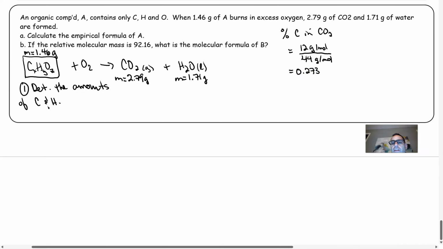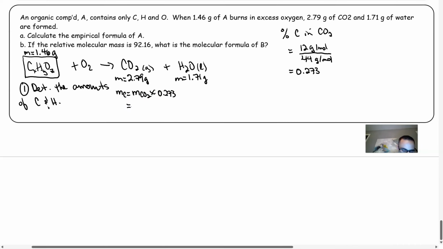All right, so now this is useful because now I can determine the mass of carbon. The mass of carbon is going to be equal to the mass of CO2 times 0.273, because that's the fraction of carbon in carbon dioxide.